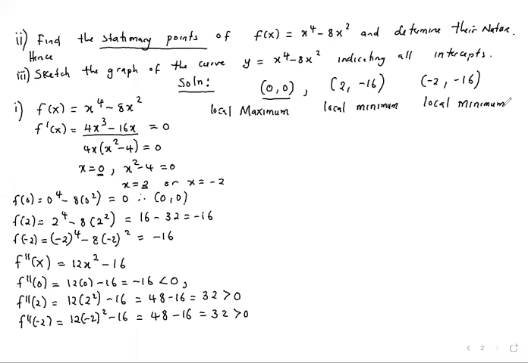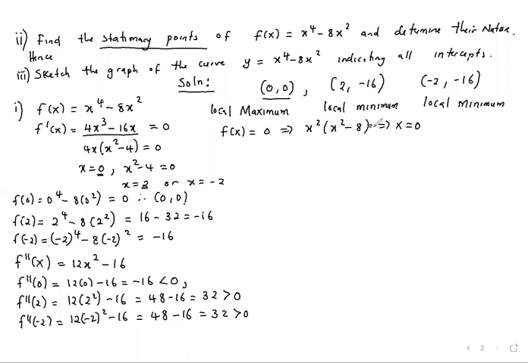Hence, sketch the graph indicating the x and y intercept. We already have its turning points. All we need is the x-intercepts. The x-intercept, this equation f of x, set it to 0. We factor out x squared, we remain with x squared minus 8. So we are saying x is 0.